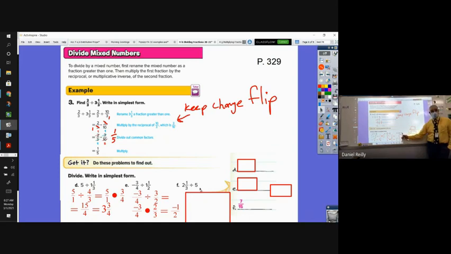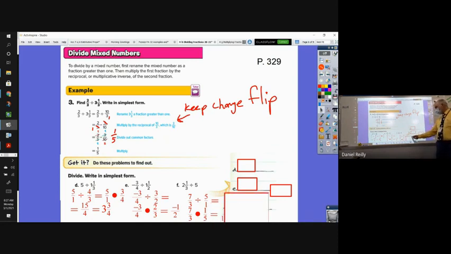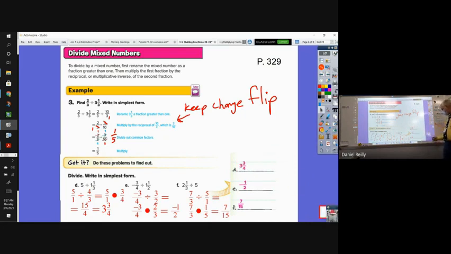Divided by 5, convert that to an improper fraction, 5/1. 7/3 divided by 5 is the same as multiplying by 1/5. 7/3 times 1/5 is 7/15. No cross reducing available in this one. 7/15. Okay? So that's dividing fractions and dividing mixed numbers.